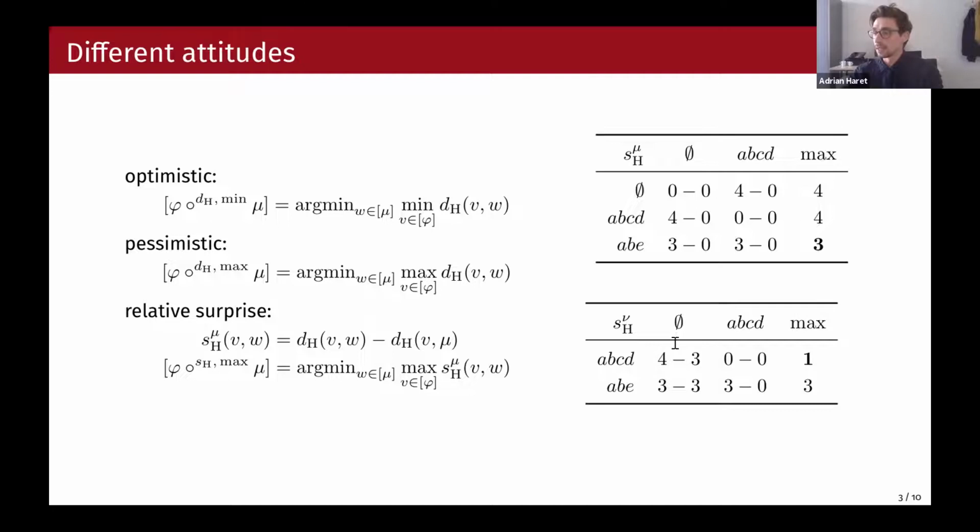Whereas in the latter case, it's a matter of how much more surprising a world would be relative to the other one. So here ABCD is not much more surprising than AB, but both of them are quite more surprising than empty set. Whereas here, the difference between them is not as significant as to recommend one over the other.